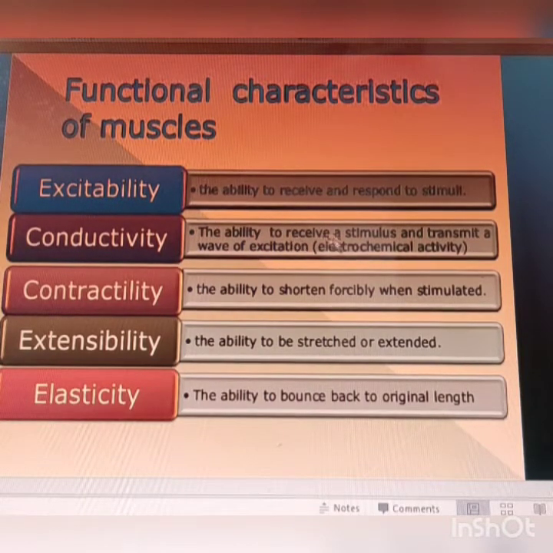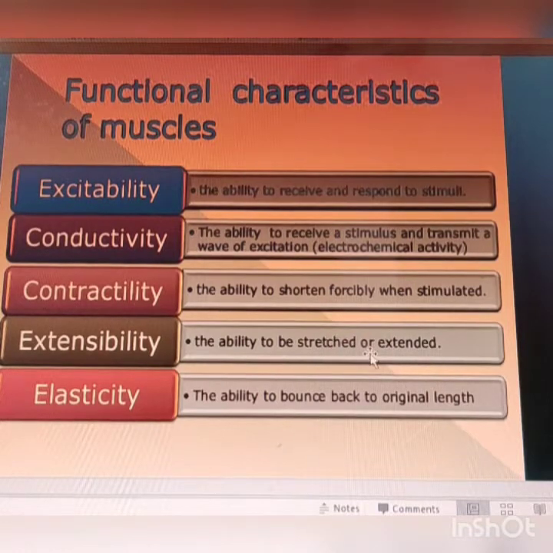The ability to receive a stimulus and transmit a wave of excitation, that is electrochemical activity, is called conductivity. The ability to shorten forcibly when stimulated, that is contractility. The ability to be stretched or extended, that is extensibility. The ability to bounce back to the original length, that is elasticity.